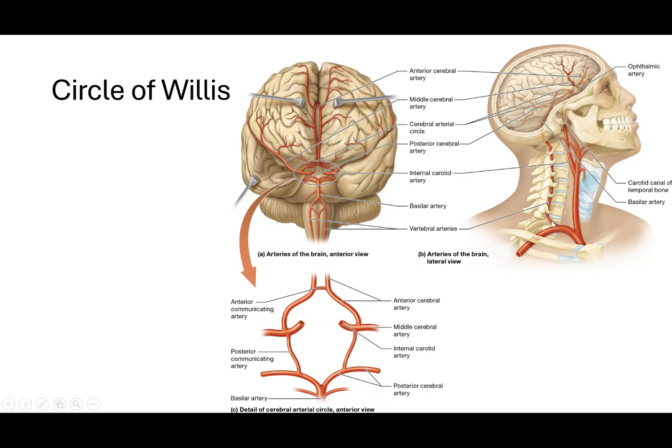Okay, so it's a little bit more lateral, and it goes up, and you can see up here, kind of when it reaches the cerebellum, yeah, kind of around the cerebellum, then it would be considered the basilar artery.